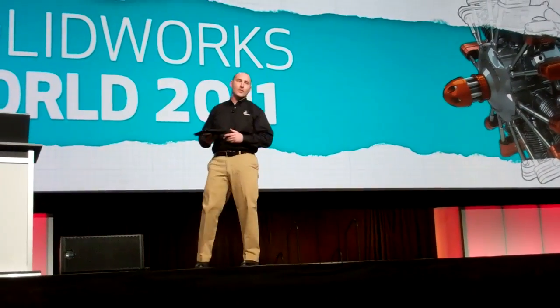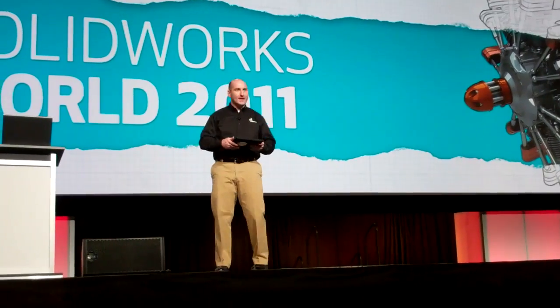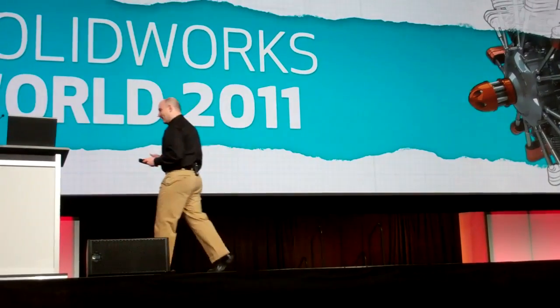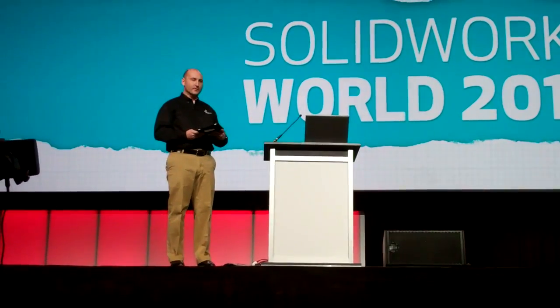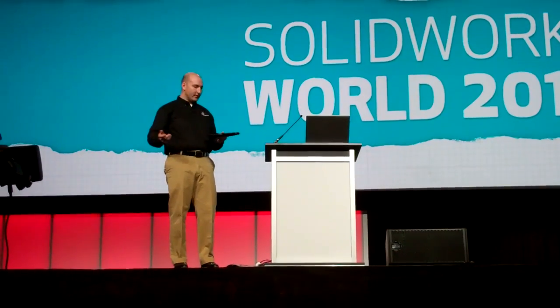Now, I have one more thing I want to show you, and we kind of snuck this in here because it came out of our labs just last week. But online and mobile are an important part of what we're trying to deliver tools for, and just to really give you information wherever you are.